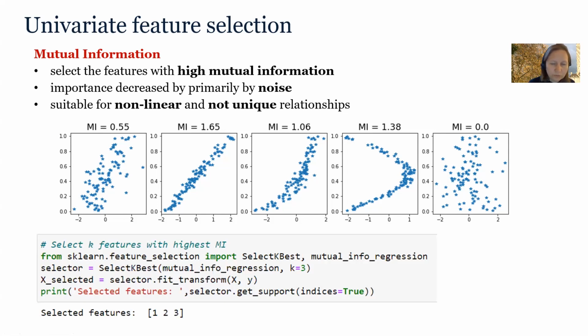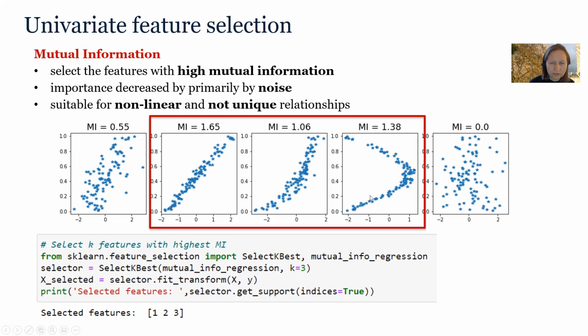The code to select features using mutual information is very similar to the correlation coefficient. We have the scoring function mutual_info_regression, and we will put it in as the first argument of SelectKBest, which is our feature selector. And we will again choose 3 features to select. And we see that we now selected features 1, 2, and 3.